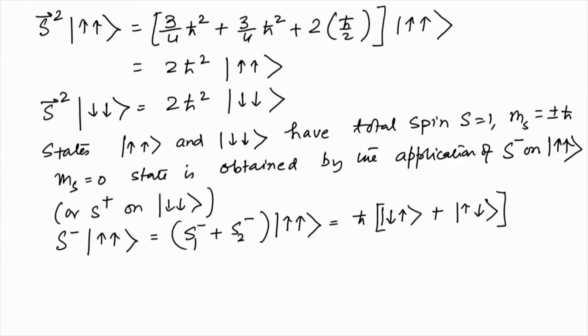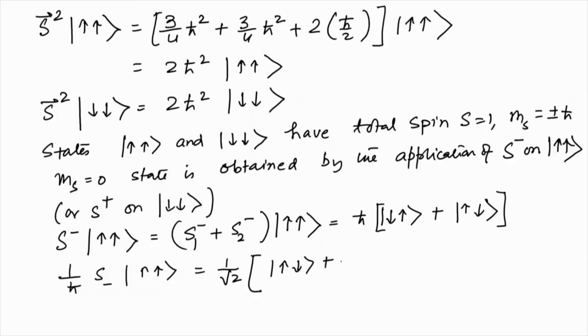And so, 1 over h cross S minus up is nothing but 1 by root 2, which comes as a normalization factor, up down plus down up.